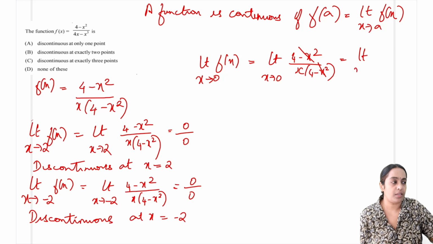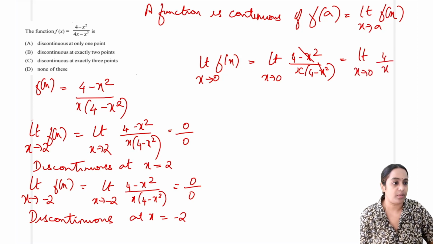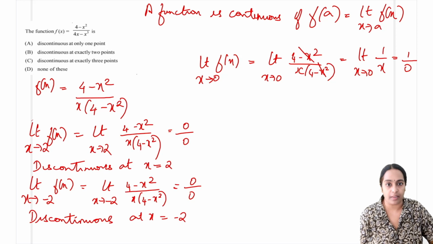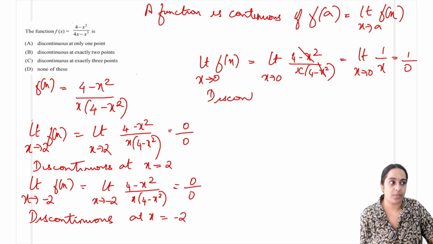So which is limit x tending to 0, 1 by x. (4 minus x square) got cancelled. So again, if I put the value 0 here, the denominator, it will be 1 by 0. This is undefined. So again, the function is discontinuous at the point x is equal to 0.